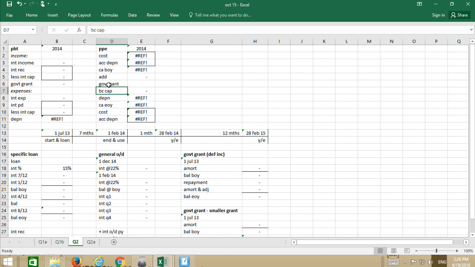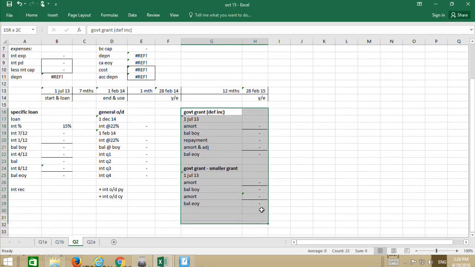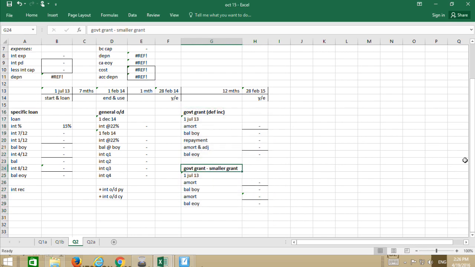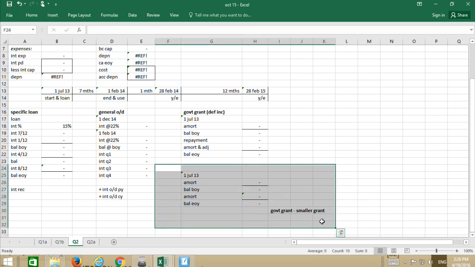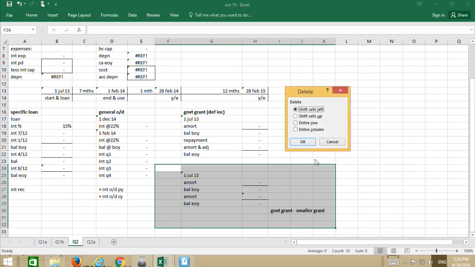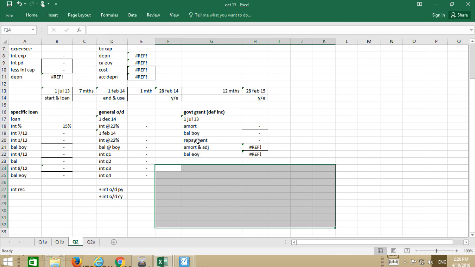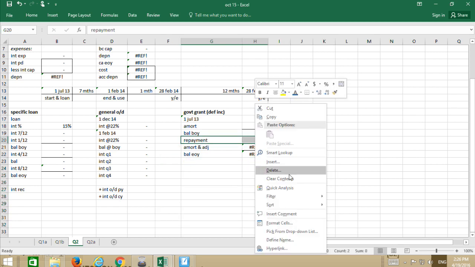In fact, I probably won't need this at all, because if there's no repayment, there's nothing to calculate, isn't it? So this I probably won't need, but you know what, I'm going to just leave it in case. I'm just going to delete this part, because there's no repayment, and I'm going to delete that.